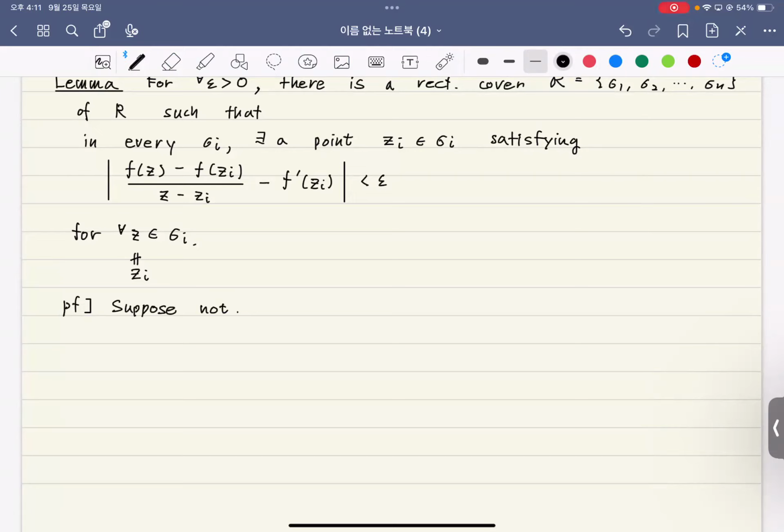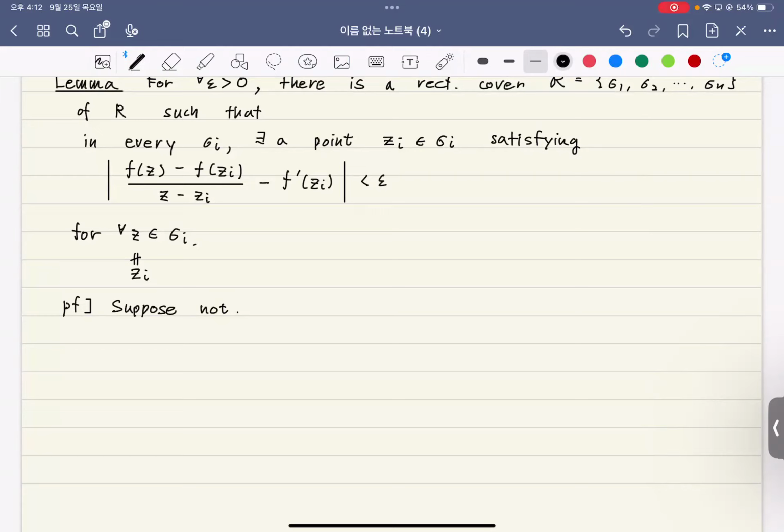There is some very specific epsilon, and for that epsilon, no matter how fine your rectangular cover is, and no matter how small your squares are, you must be able to find one square that does not allow such a nice point z_i satisfying this condition.